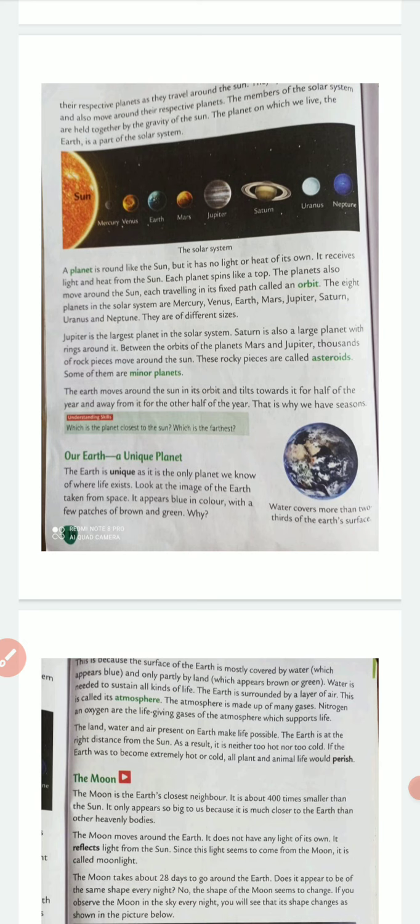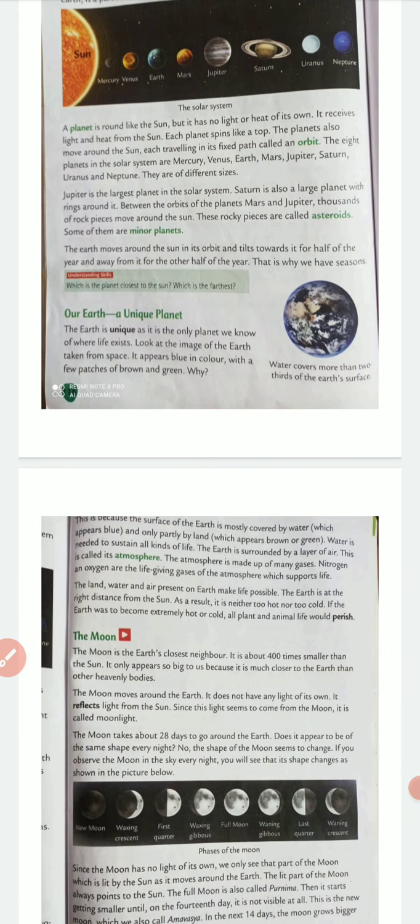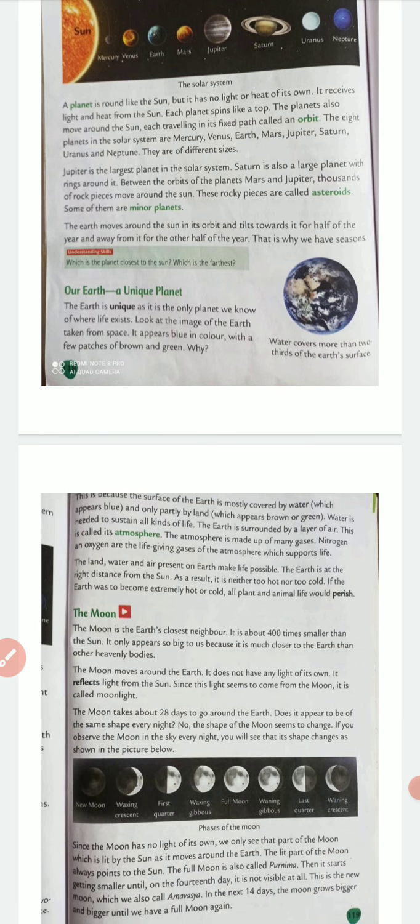The surface of the Earth is mostly covered by water, which appears blue, and only partly by land, which appears brown or green, because on land you will find some trees. Water is needed to sustain all kinds of life. The Earth is surrounded by a layer of air, which is called the atmosphere. Please underline.